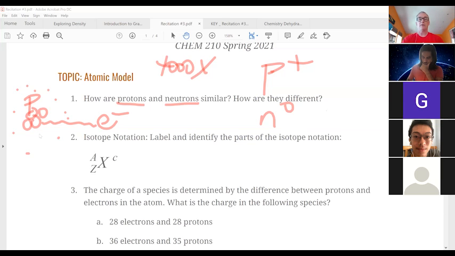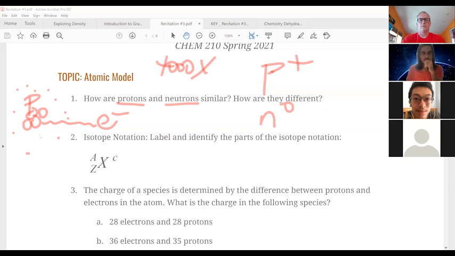What else can the proton do that the neutron doesn't? They can change the charge. It has a charge. Okay, it has a charge. But what about the number of protons and neutrons?